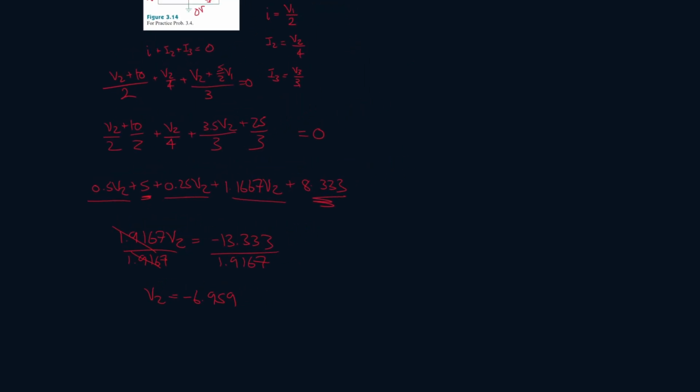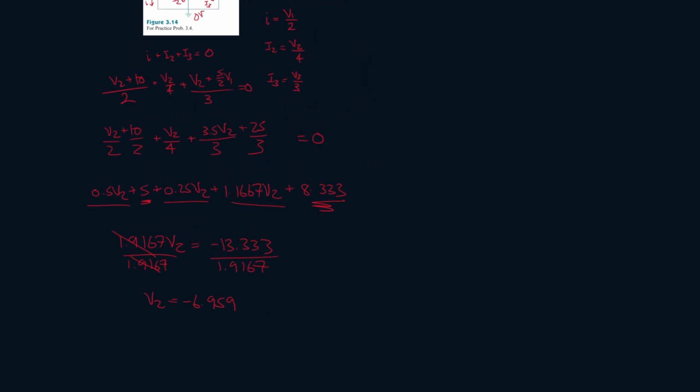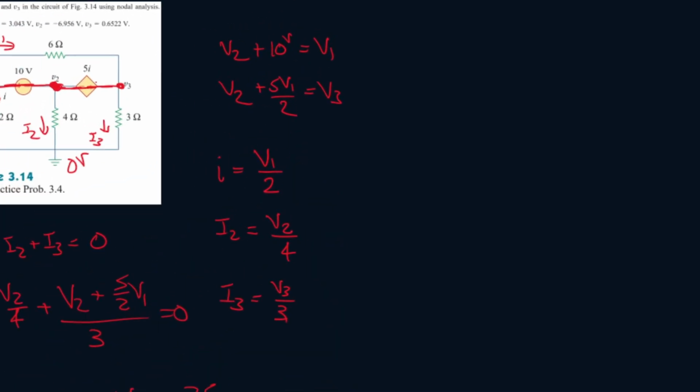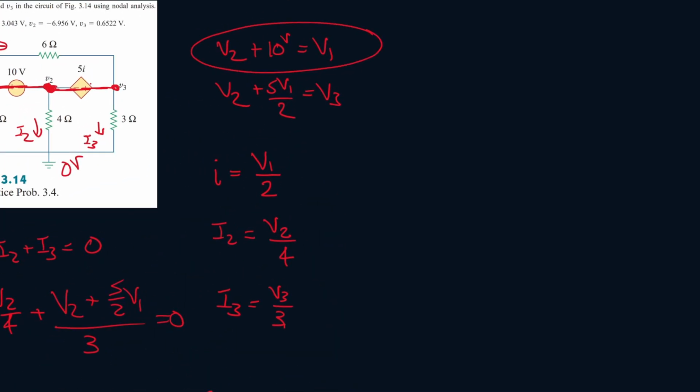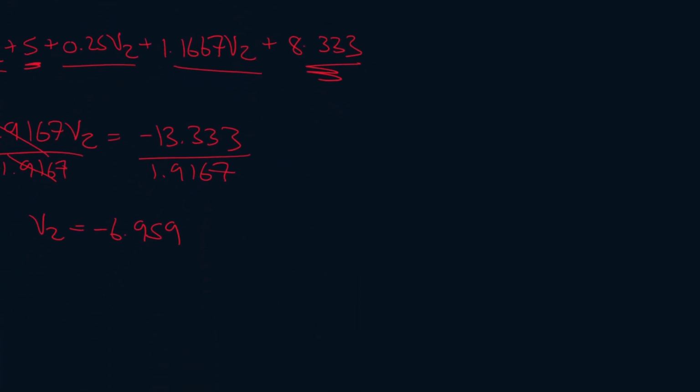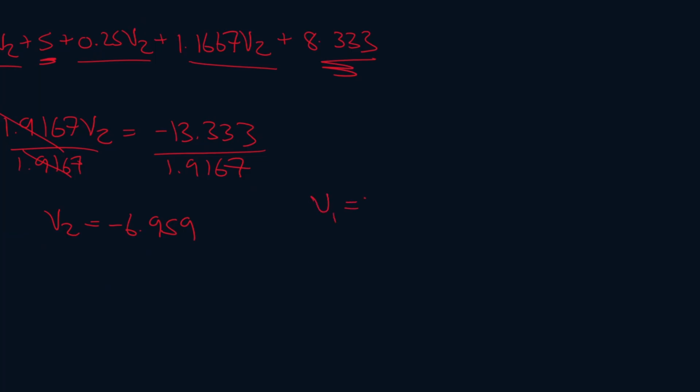Now, with this information, we can solve for the other two. So for V3, no, let's solve for V1 first. So V1 is equal to V2 plus 10. V2 was minus 6.959. So V1 is equal to 3.044 volts.